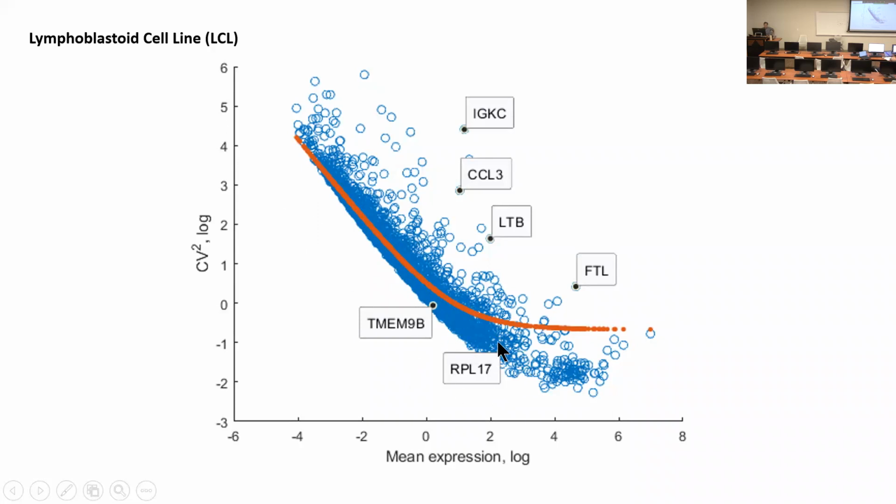The genes below this curve mean that, given the average of that gene's expression, its CV is lower than expectation. So all the genes under the curve are non-highly variably expressed, in contrast to the genes above this curve, which are highly variable genes.